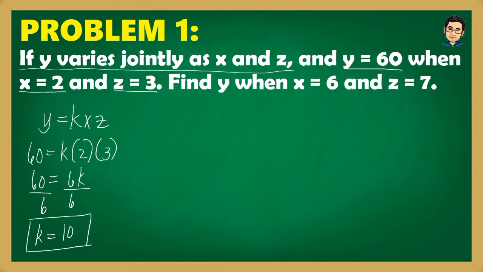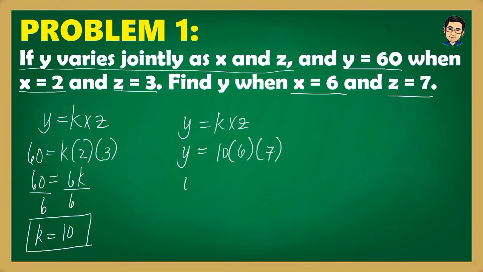Now, since we have the value of the constant of variation, which is 10, madali na lang pong kunin yung value ng y when x is equal to 6 and z is equal to 7. So, using y is equal to kxz, that is y is equal to k, the value is 10, times x, that is 6, and then the value of z, 7.